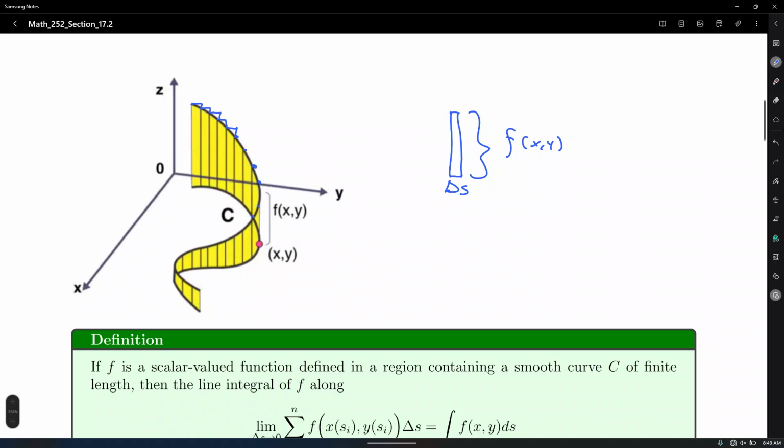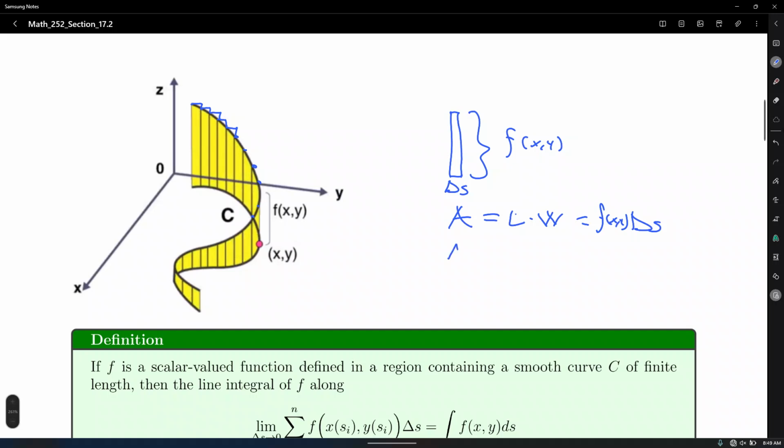So, partition, again, area. Area equals length times width. I mean, basic geometry. What's the length? Delta S. What's the height? F of x, y. Well, that's the area of only one of those rectangles in space.